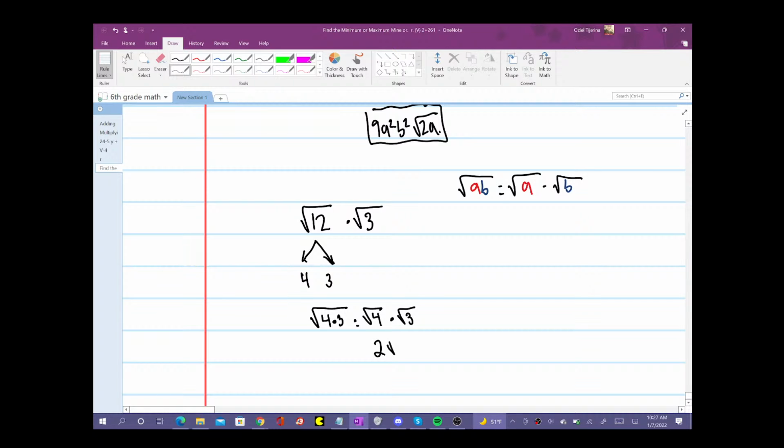So this becomes 2 square root 3, right? So 2 square root 3, that's basically what it is.